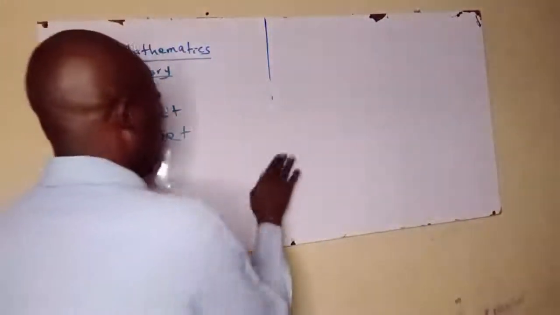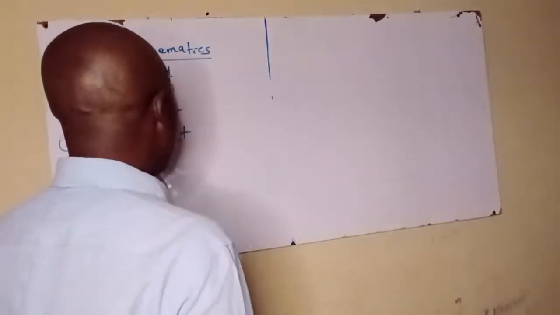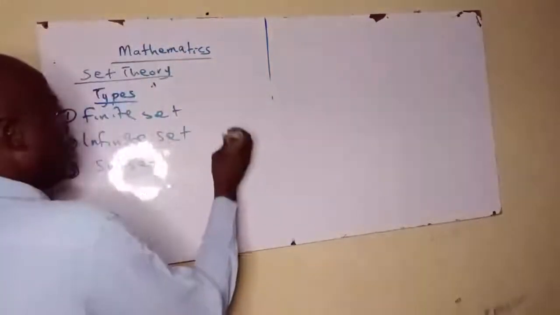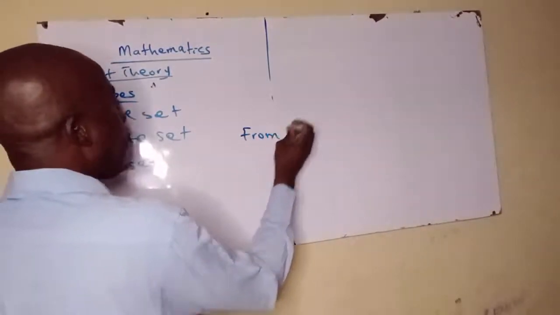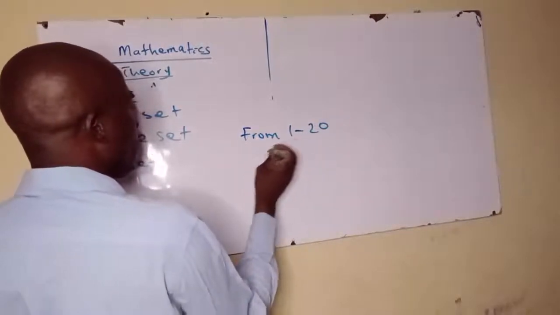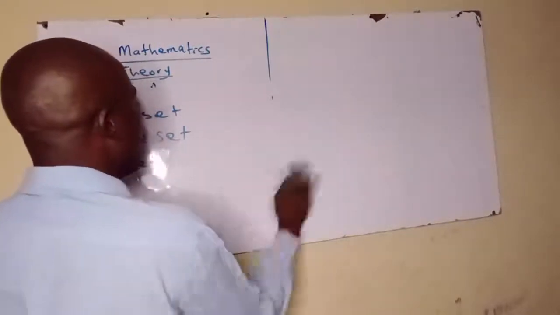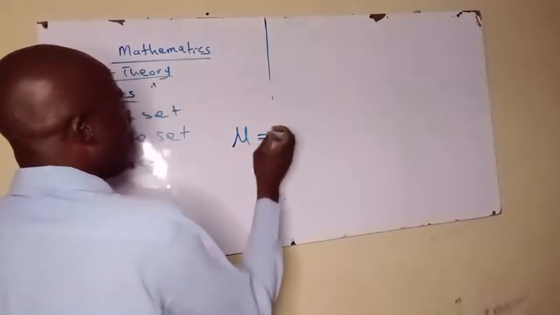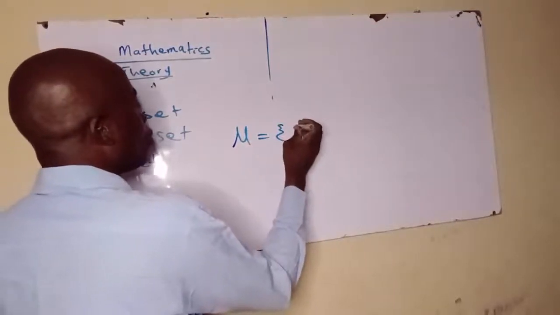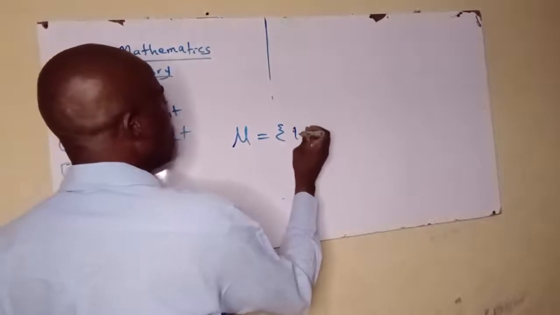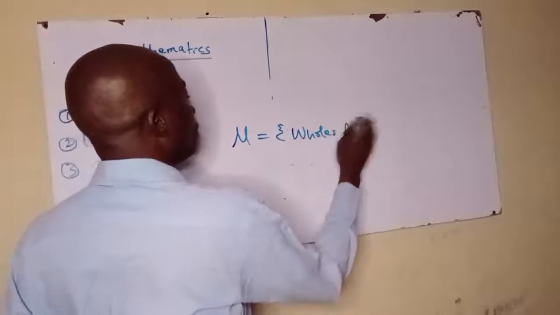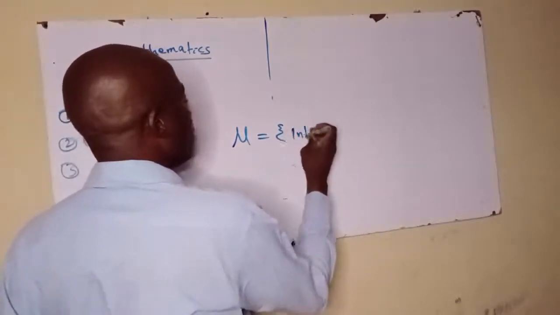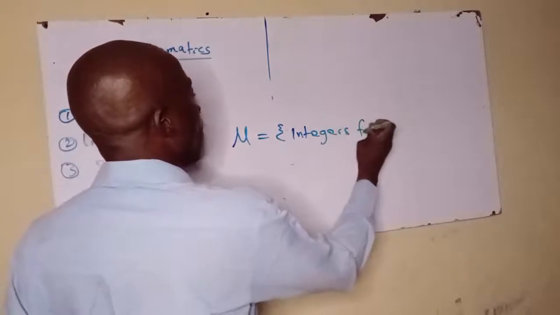Take for example, let's assume that we have a set of numbers from 1 to 20. Let me just say integers, I think that one is better. Integers from 1 to 20.